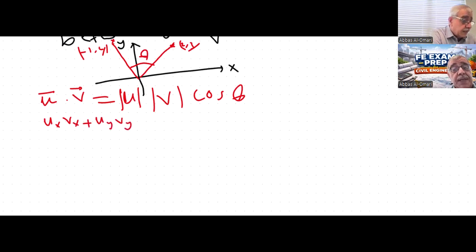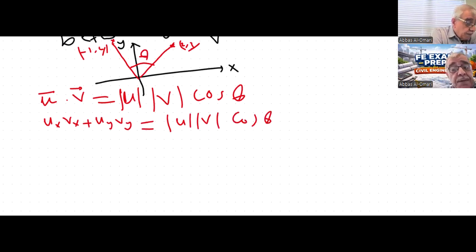This is the component of u in the x direction multiplied by the component of v in the x direction, plus the component of u in the y direction multiplied by the component of v in the y direction. So this is u v cosine theta.